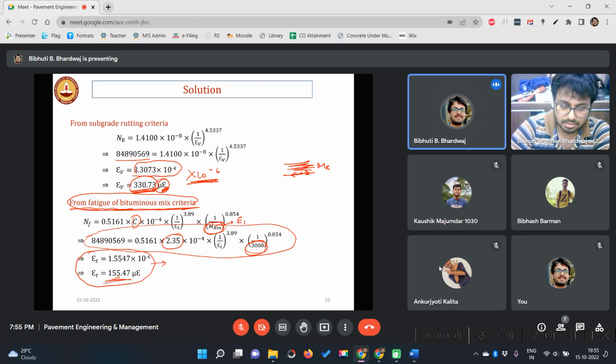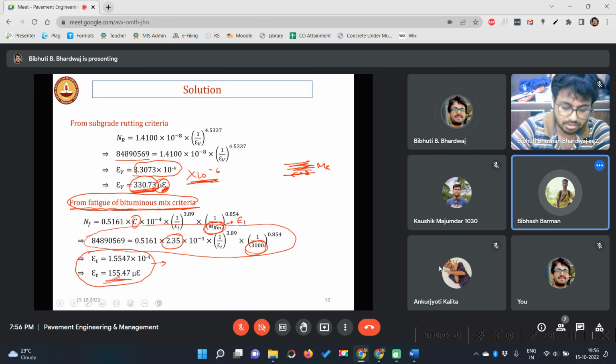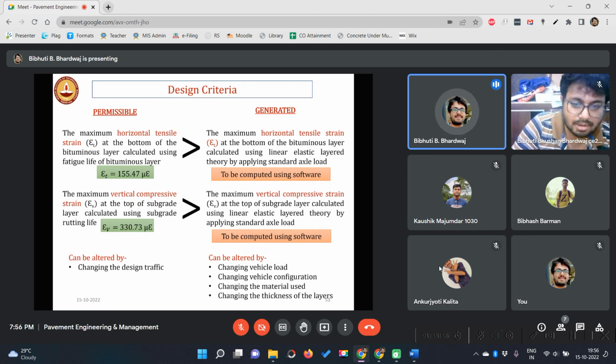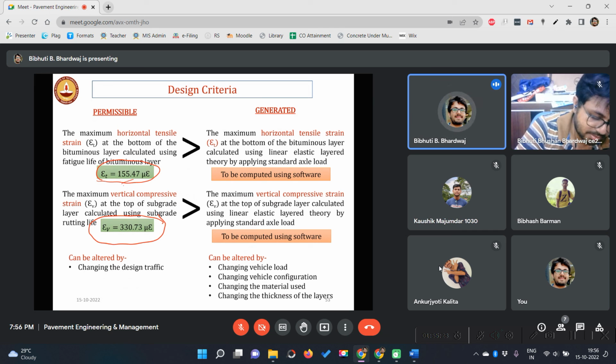Can I move to the next slide? Yes, sir. Okay. So good. You just write down the value, you will get. So now we know that the permissible strain is this much for this much of traffic. So if the generated strain because of the load is more than these values, then that pavement will fail.